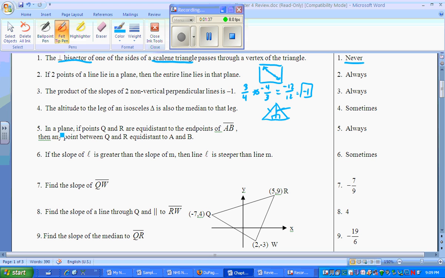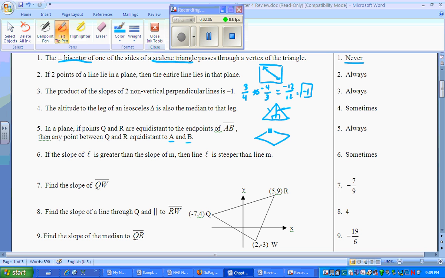Number 5, in a plane, if 2 points Q and R are equal distance from the endpoints of AB, then any points between Q and R are equal distance to AB. That's exactly what the rule of equidistant is. These 2 points are the stationary points here, A and B. Those are the endpoints, and then Q and R is the bisector.